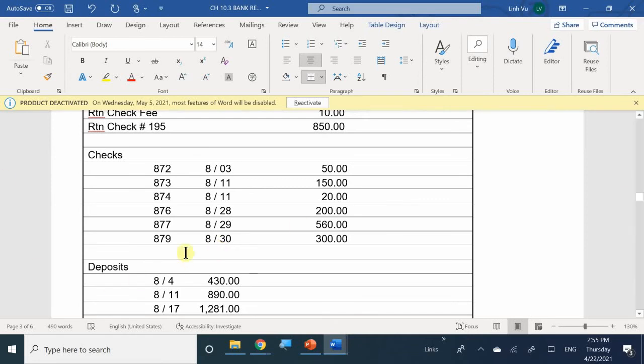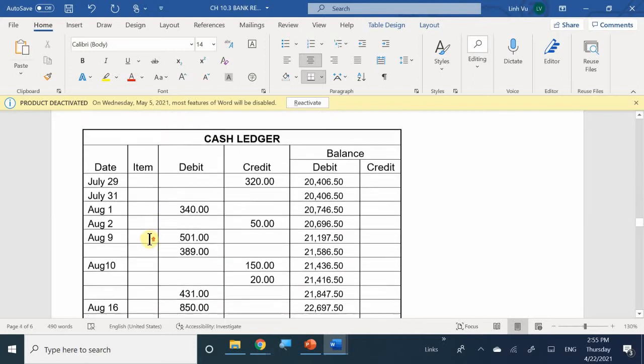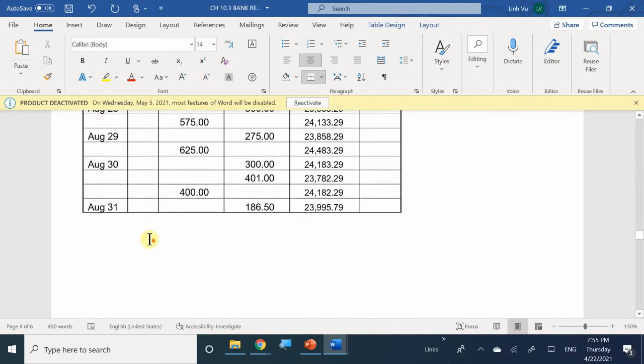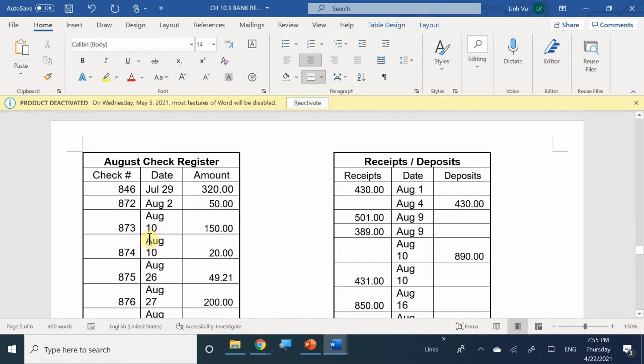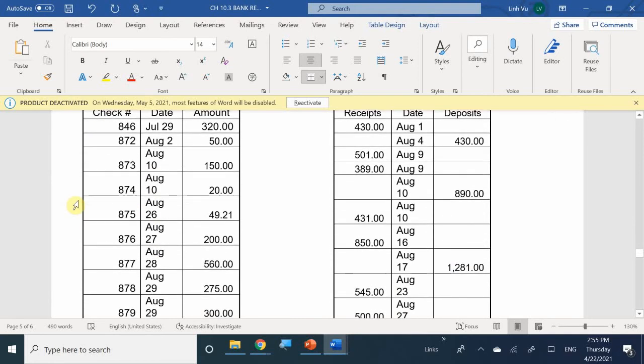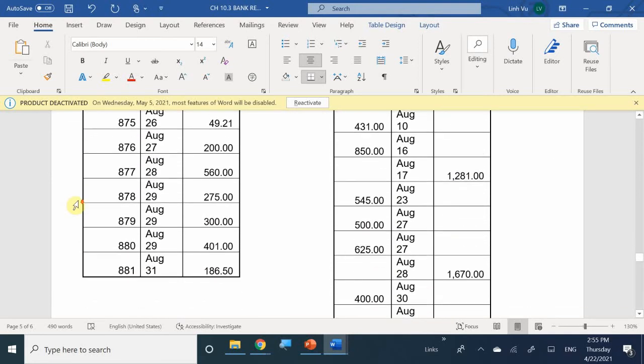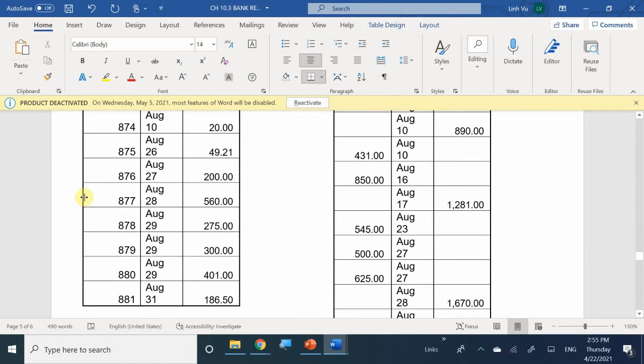But how many did we write in total in our check register? 9. We wrote 9. So if only 6 of them cleared, that means we're missing 3 checks.